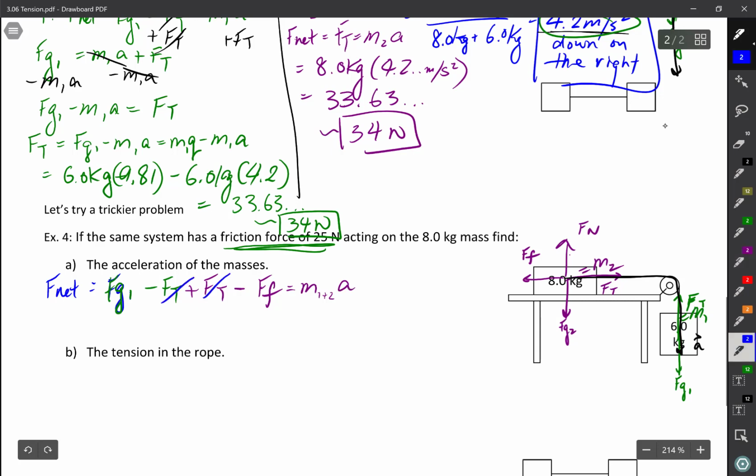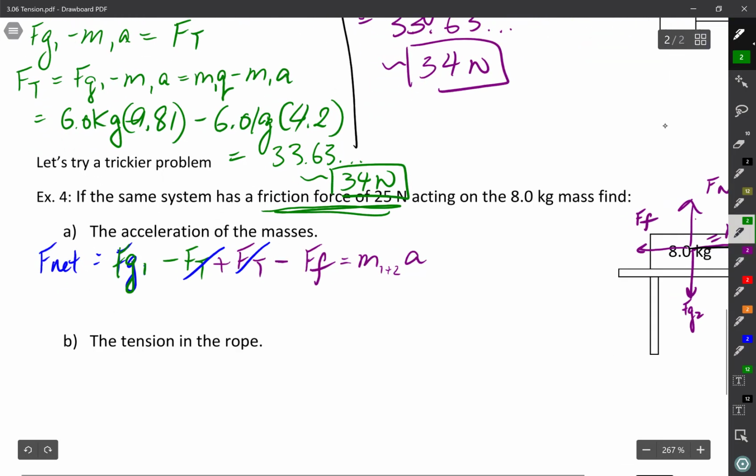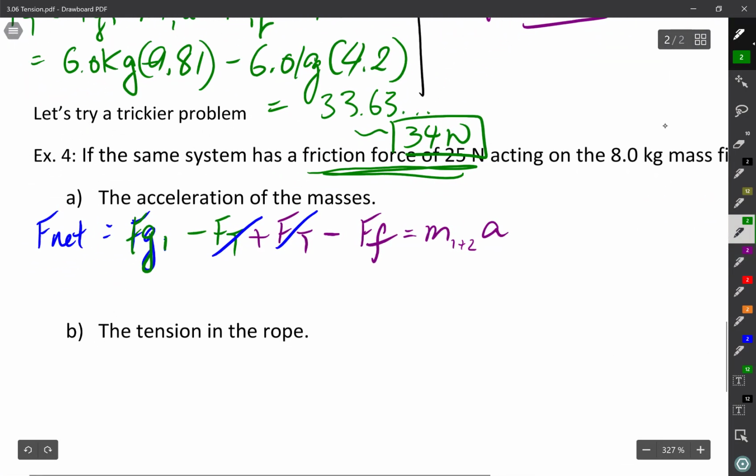The Ft's cancel. And we're left with Fg1 minus the friction force acting on M2 equals mass 1 plus mass 2 times the acceleration.